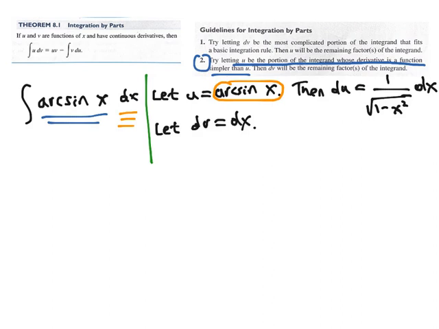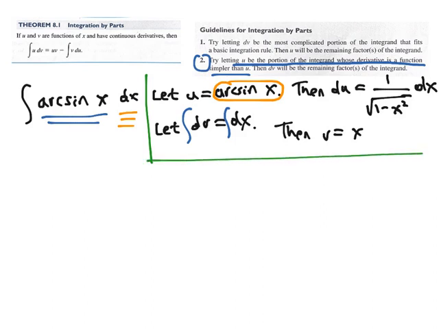So now to find v, you're going to write this. You're going to integrate both sides here. So v is equal to the indefinite integral of 1 dx, which is x. So now we're ready to apply the integration by parts formula to rewrite our problem.